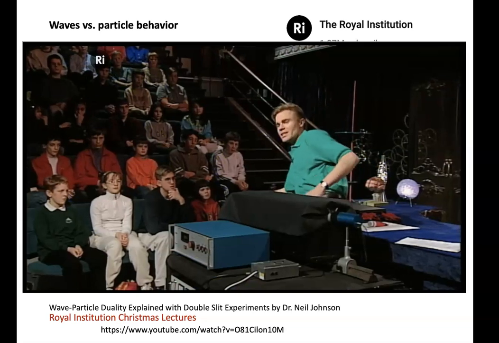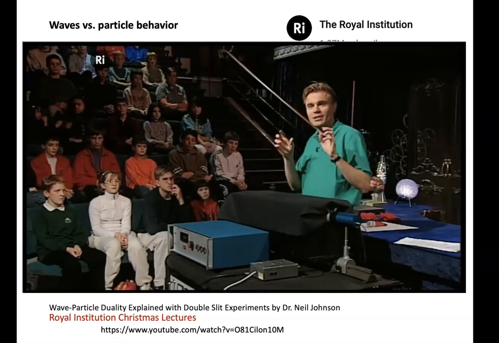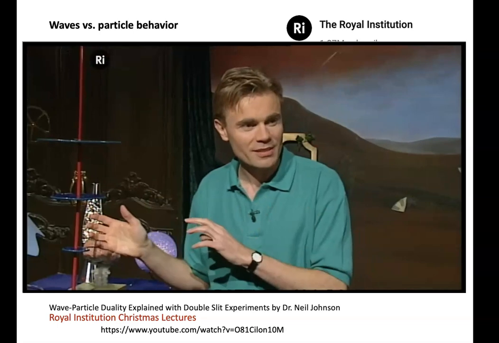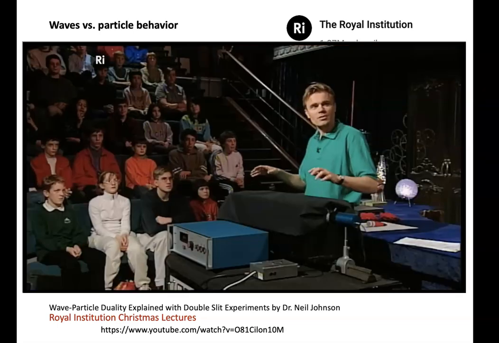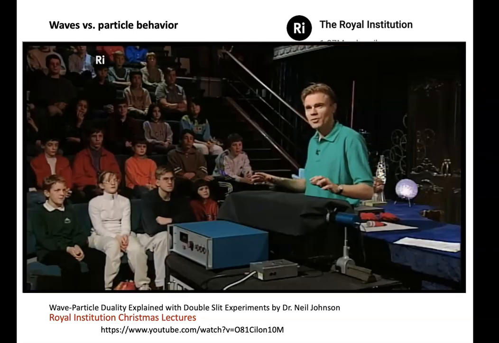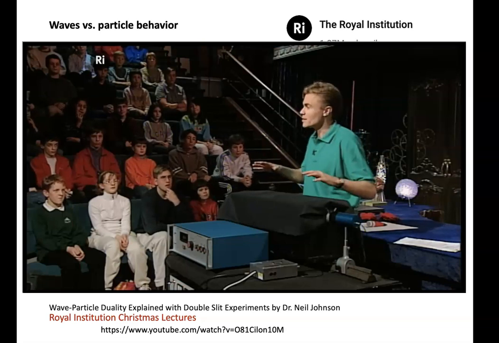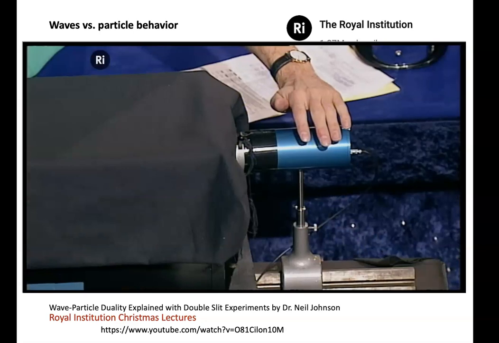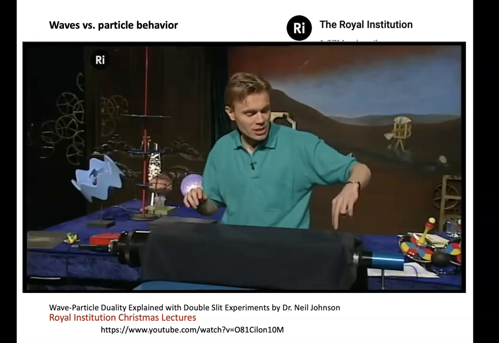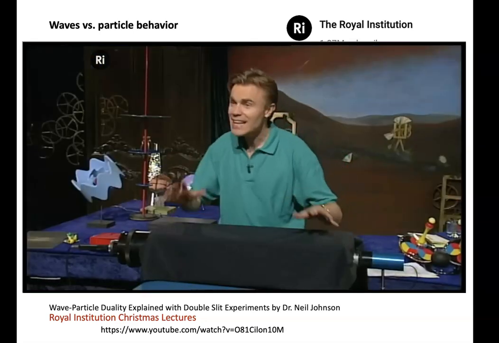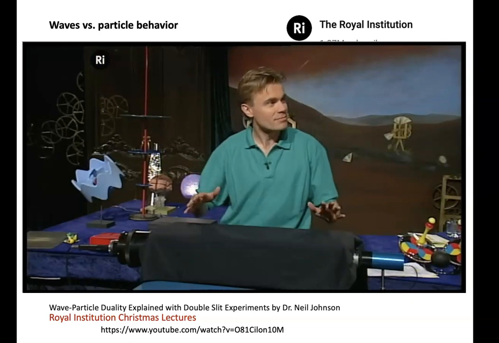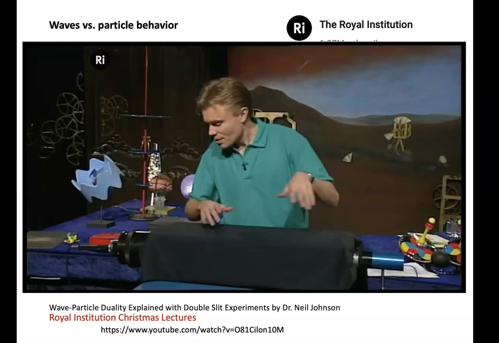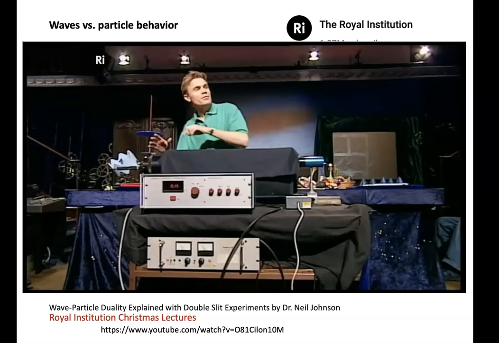Now we're going to try something a little different. We saw the pattern that light produced, nothing like the sand. But here we've got essentially the same piece of equipment as before, but we're going to turn the brightness of the light down. Here we have the source of light over here. And it's passing through two slits. We've had to cover this up because we don't want any light to get in. The light passes through the two slits, goes over to the other side.